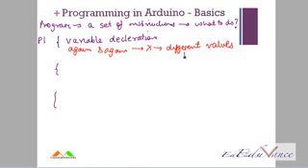Another word for that would be variable. So if you end up using your variable X again and again and it takes different values, then I would use that as a part of my variable declaration.